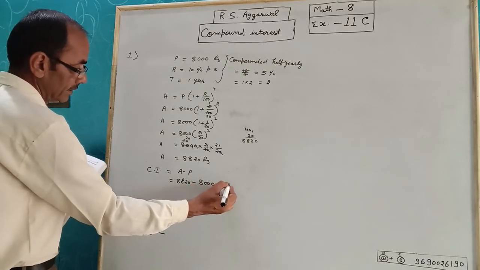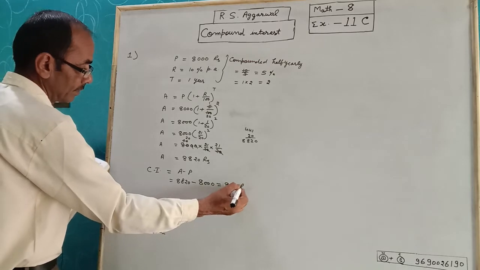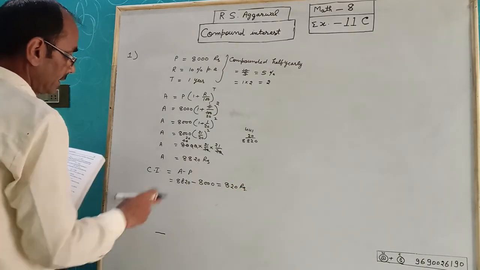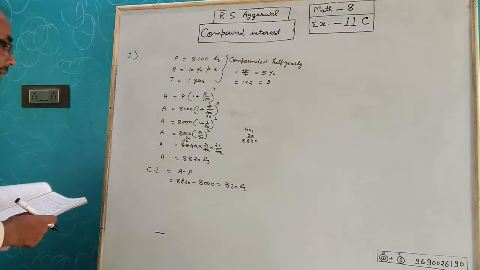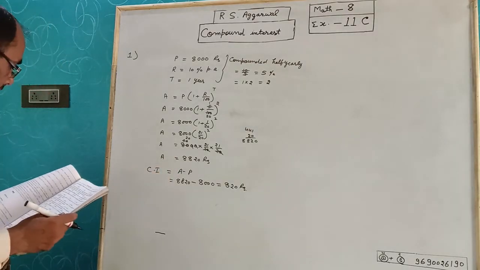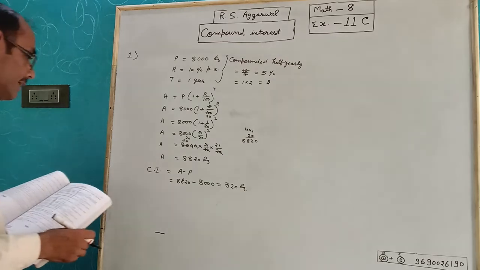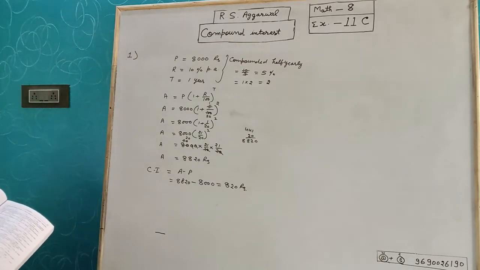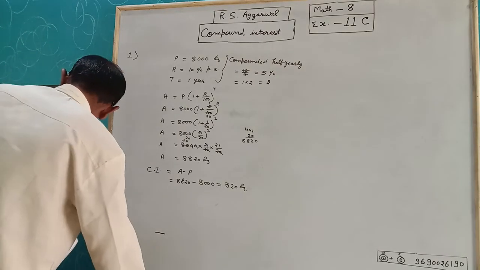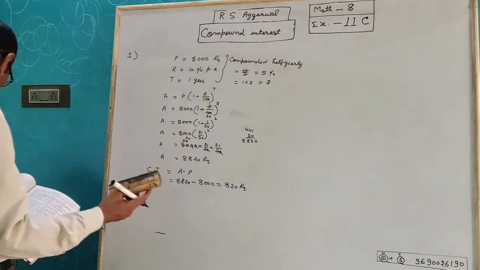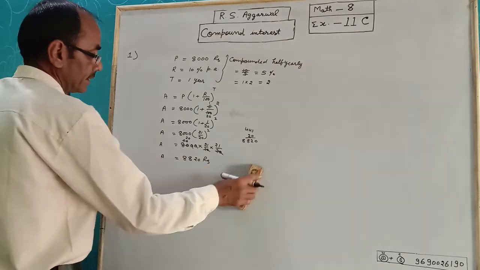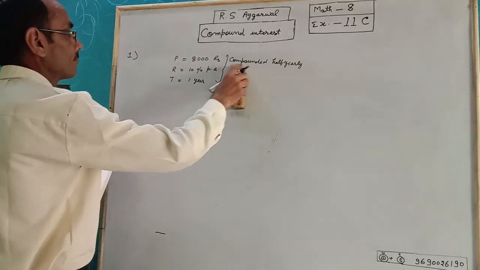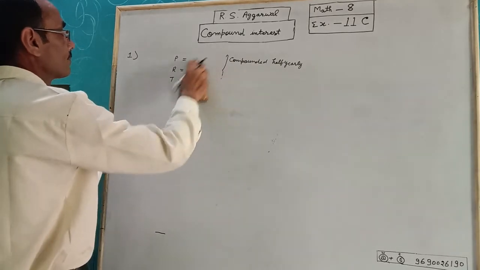After subtracting, 820 rupees, we get the compound interest, and amount will be 8,820 rupees. Question number 1 is complete. Question number 5.